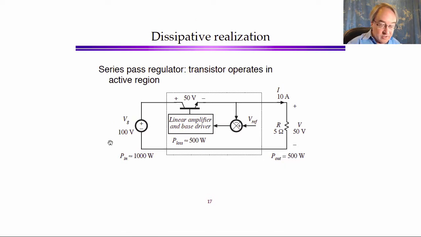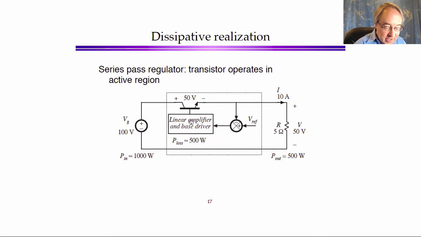At low power levels, it's common to build a series pass regulator circuit that operates almost in the same way as the resistive voltage divider. Except instead of a resistor, we put a transistor that operates in the active region, and it has the same voltage across it that the resistor on the previous slide had, so it dissipates the same 500 watts.